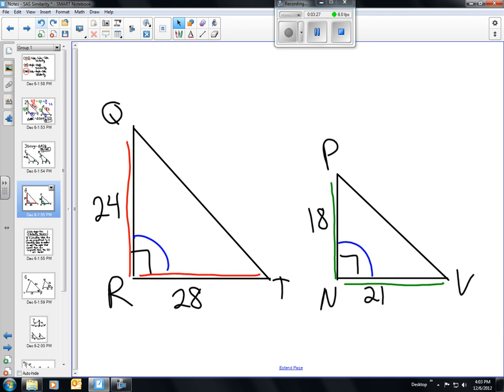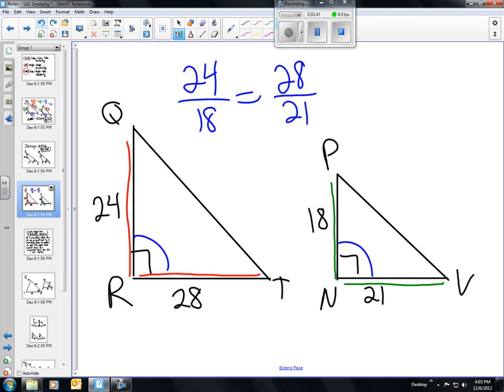But we have to check to see if those sides are actually proportional to each other in each of the triangles. So we would set up a ratio of 24 to 18 equals 28 to 21. And when you find those ratios, you'll get that they are 1.3 repeating. So they are in fact similar.